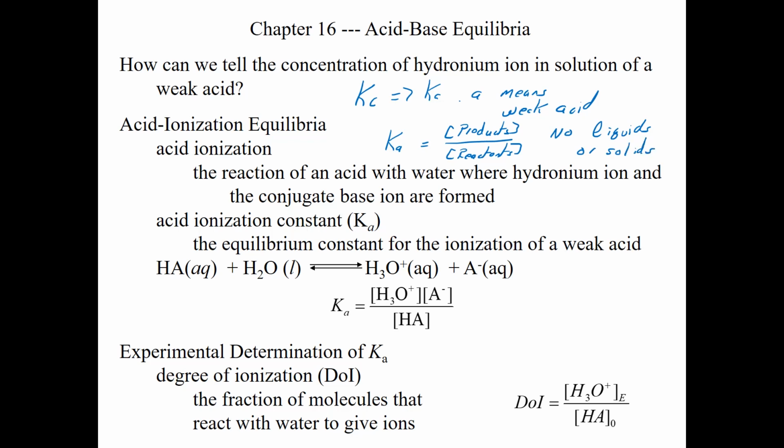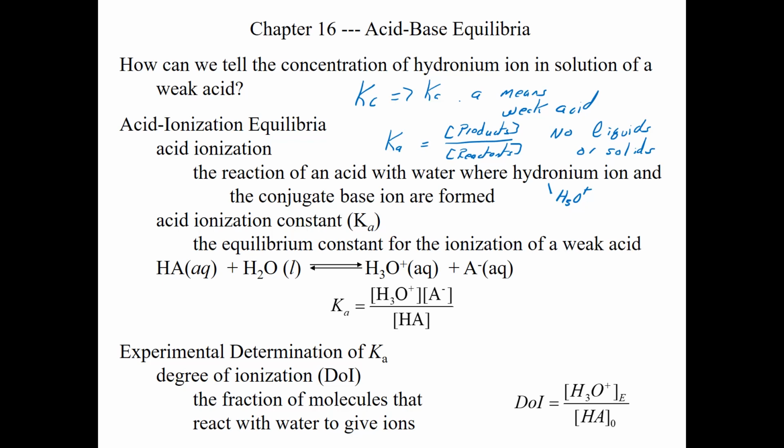Okay. So acid ionization is when I put an acid into water and it forms a hydronium ion. And again, as a review from last chapter, hydronium means H3O plus. And the conjugate base is the same as the acid but without a hydrogen. So this is a generic equation.